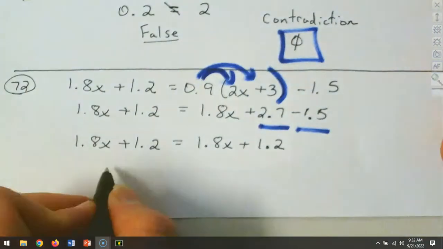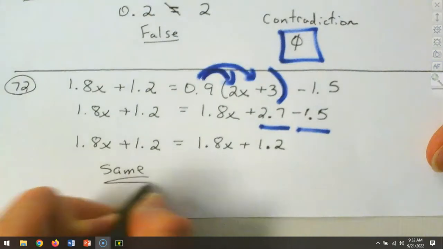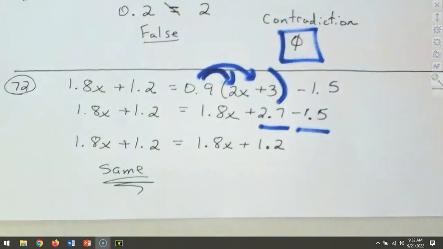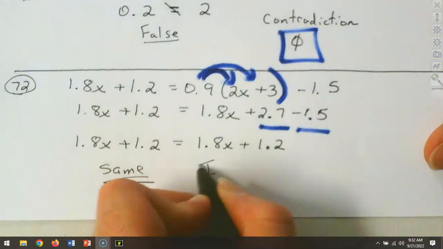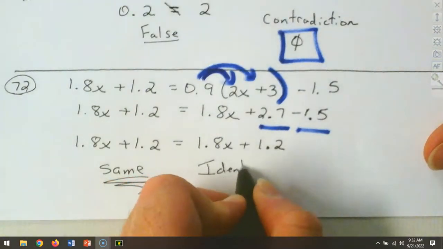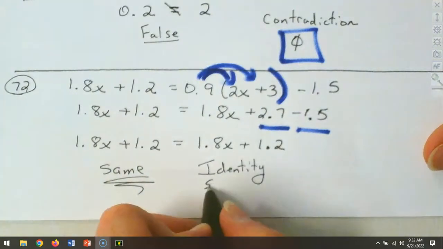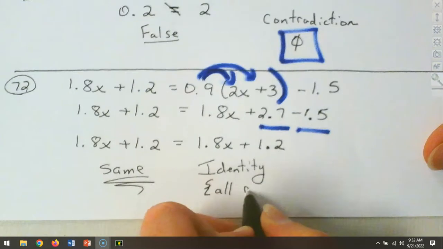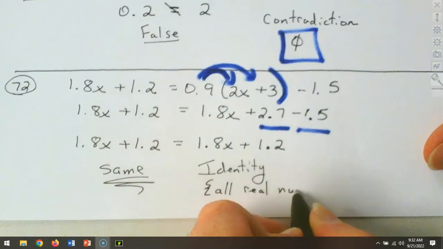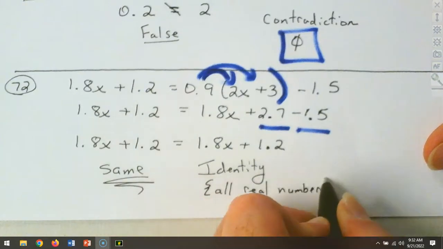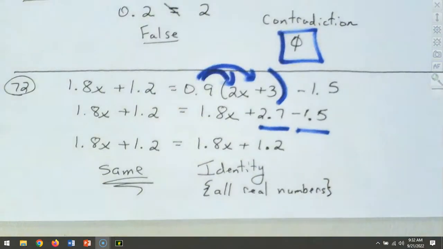Now, what do you notice about these? These are exactly the same. When they are exactly the same, we have a special name for it, and that's an identity. Okay. And what's your solution set? All real numbers. So it's an identity, and your solution set there would be all real numbers.